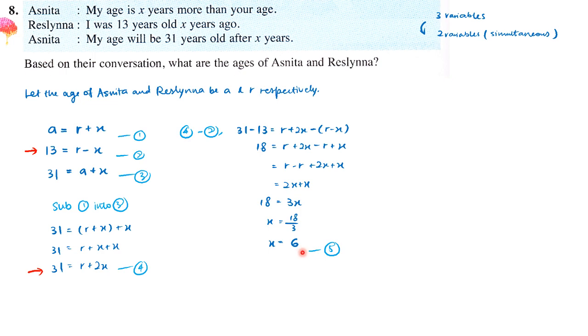Now we are not done yet. We are told to find the ages of Asnita and Reslina. So what are the ages? The ages are represented by A and R. So we need to find A and R. What should we do? I thought I could substitute X from equation 5 into equation 1, because I want A as my subject.